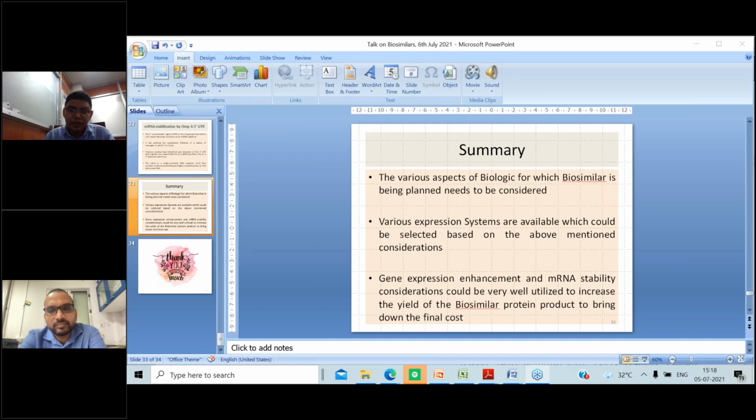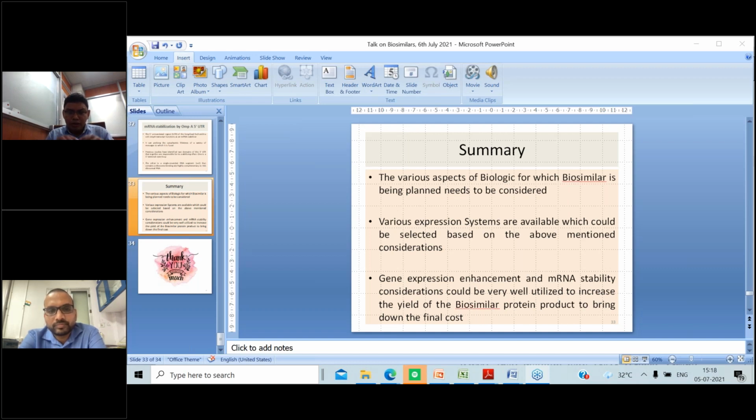Because we can't utilize a known expression vector which is already patented by a foreign company. To facilitate the Indian biosimilar industry, the government gave this call. They wanted researchers to come up with a novel vector design which will help in taking care of most of the problems we are facing, like secretion and increasing the mRNA stability.